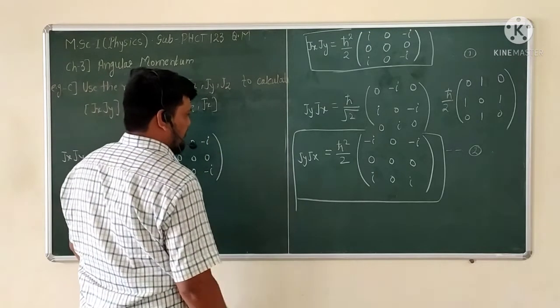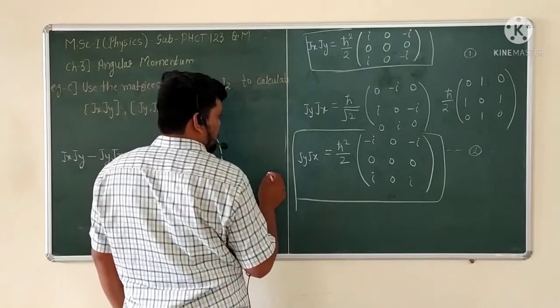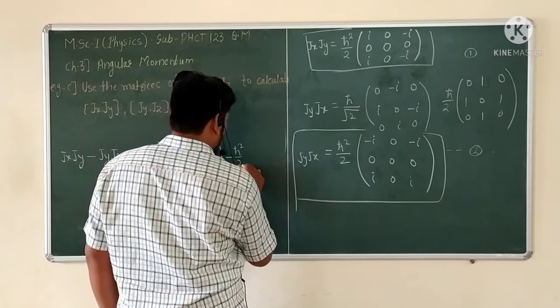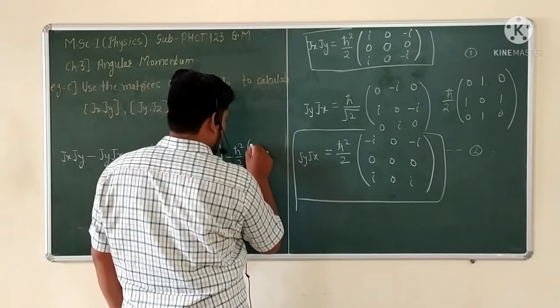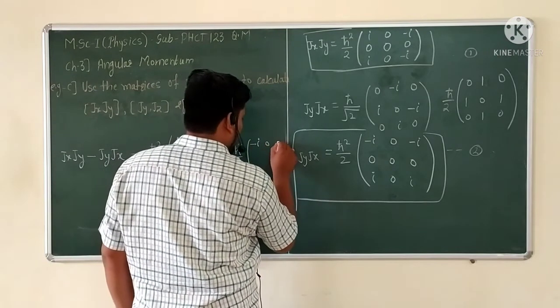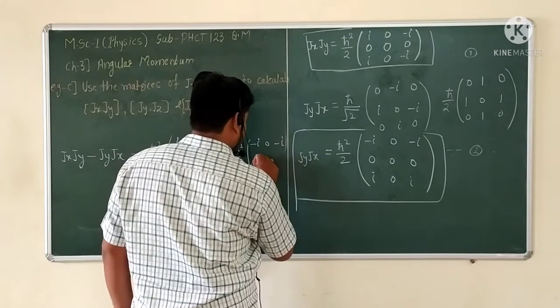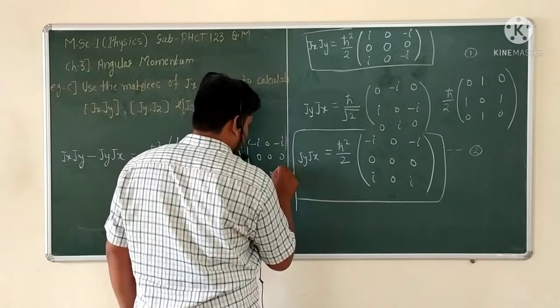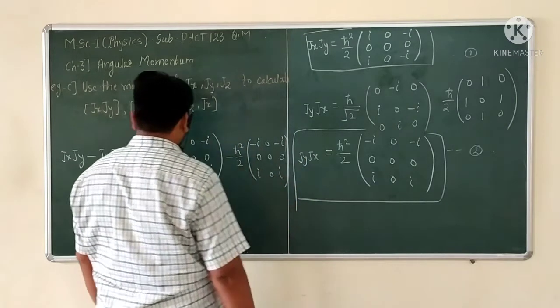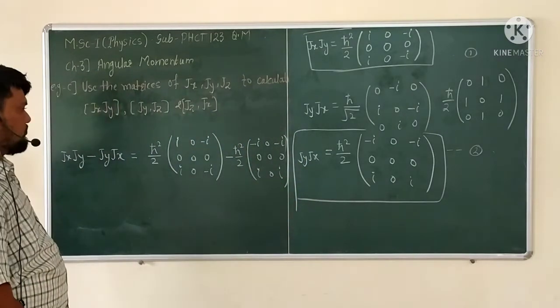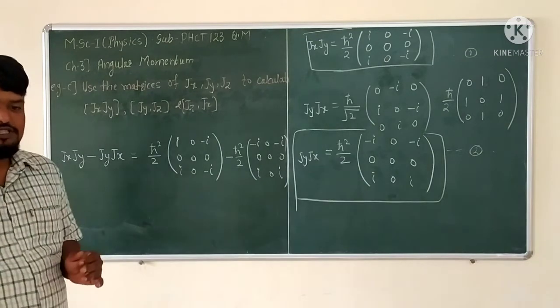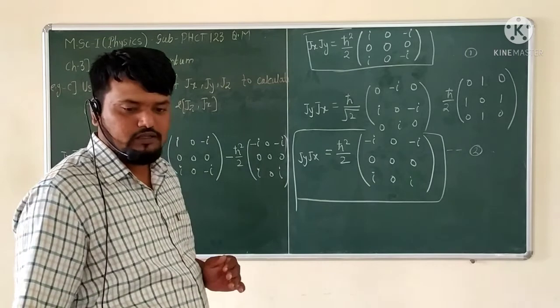And the minus sign is again there, ħ² by 2, and the next bracket, which is nothing but minus i 0 minus i, 0 0 0, and i 0 i. So we want to calculate the subtraction of these brackets.